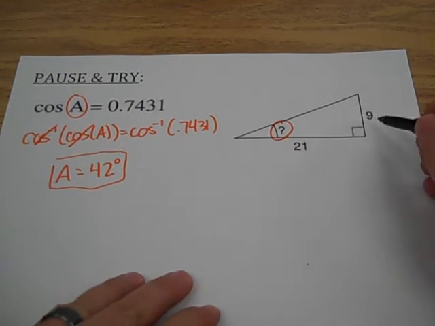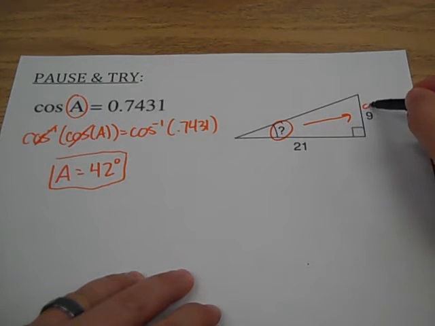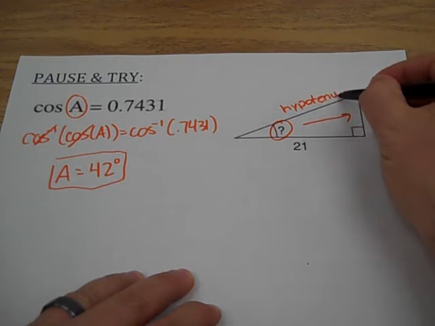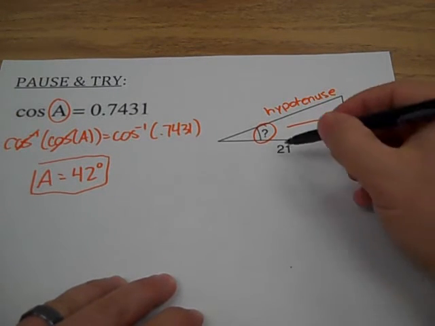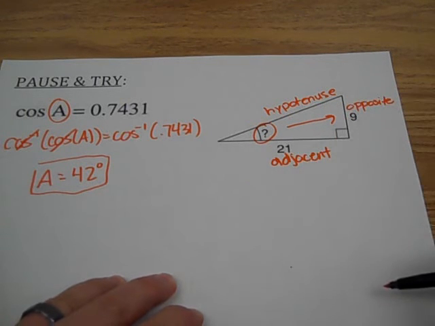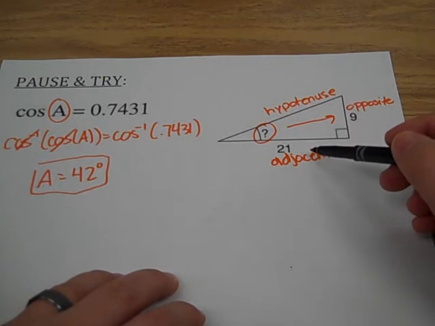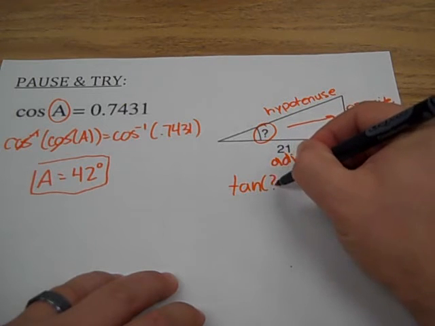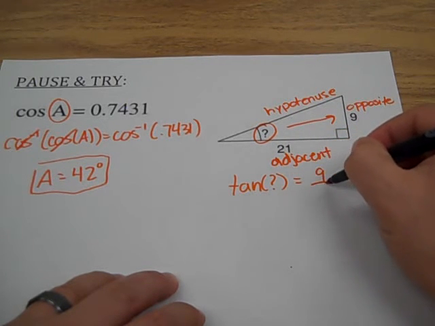Over here, I start by labeling my triangle. There's the opposite side. That's my hypotenuse. And this is my adjacent side. So again, just like in the example I did previously, I have the opposite and the adjacent. So I'm looking at tangent of question mark being equal to 9 over 21.